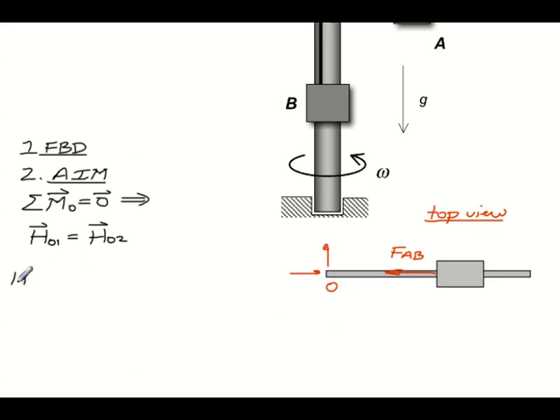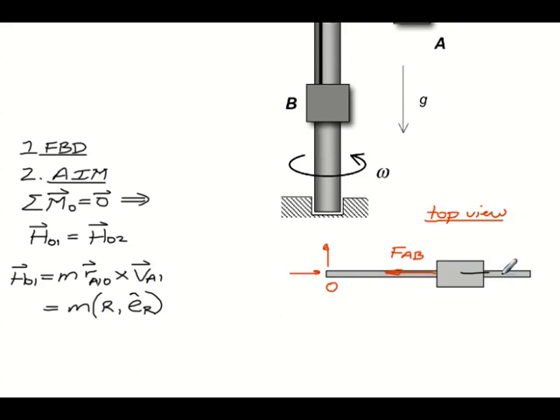Well, HO1. We know by definition it's the mass times the position of A with respect to O crossed with the initial velocity for A1. So O to A, that's the radial distance R1 in ER.